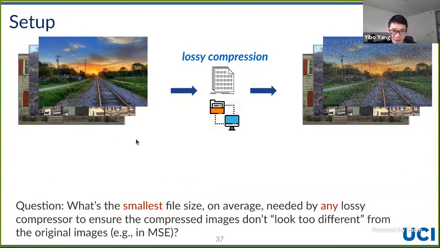The typical setup is, again, you have some data that you're trying to compress with some lossy compression algorithm. And the question is, what is the smallest file size on average that is needed by any lossy compression algorithm to make sure that you have a good enough reconstruction quality so that the compressed image doesn't look too different from the original image in some metric, such as, again, some kind of square error.